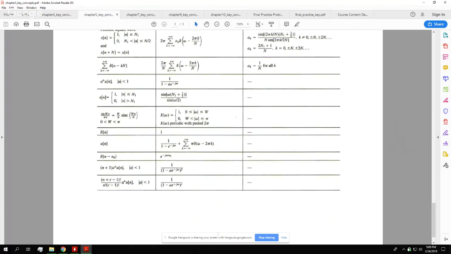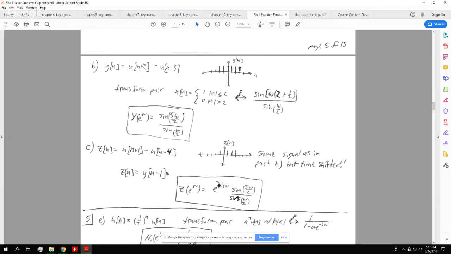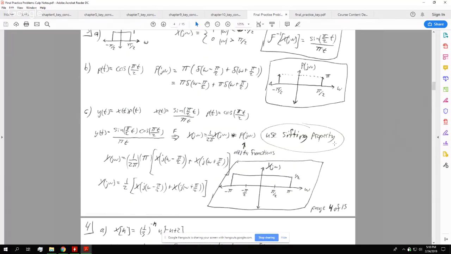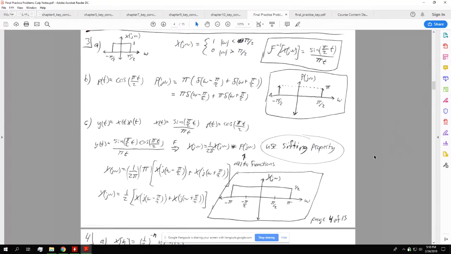Yeah, I think portion C of problem 3. Portion C of problem 3. Yeah, let me look at my notes here. It was, why is the range within the domain from negative pi to pi when the pulse function was pi over 2, or negative pi over 2 to pi over 2?